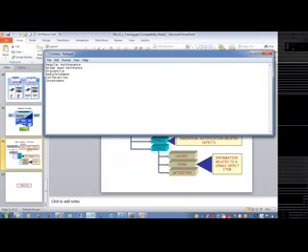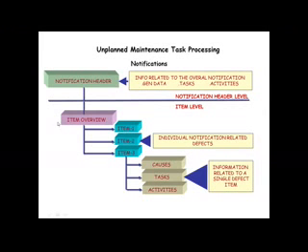Got it. And this is the last slide that I have. This is the notification header, like an unplanned maintenance task. Whenever the machine has gone into breakdown, a notification will be created, and the responsible person will enter the item.